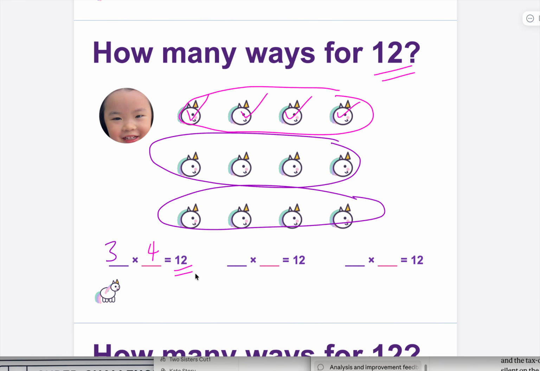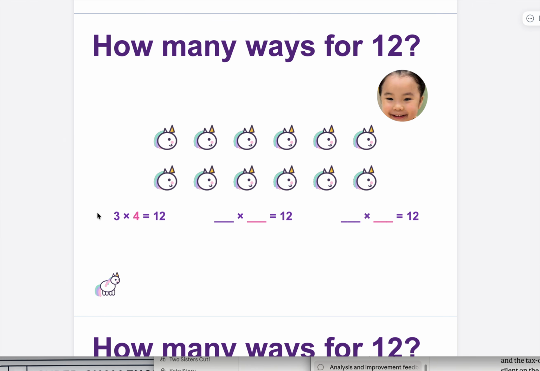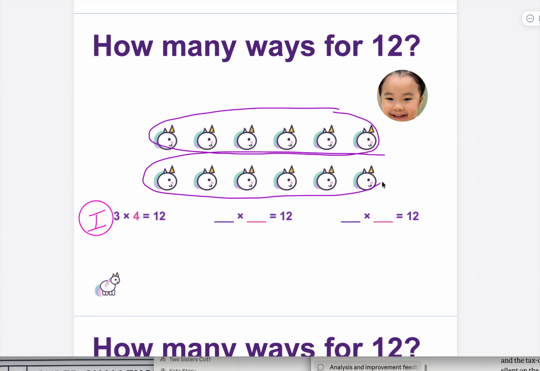Let's show a different way to represent the number 12 with the times table or the groupings, okay? So notice we already did the first way. This picture again is showing us how to represent the number 12 with equal groups. So first, this is 1 group right over here, Kate. And that's 2 groups. So Daddy has 2 groups.